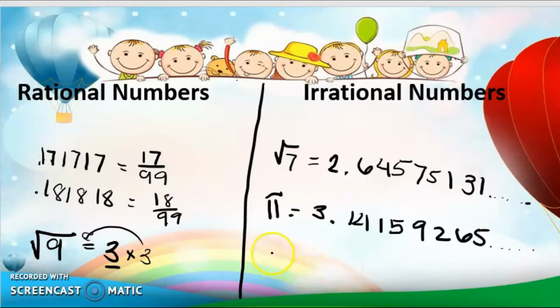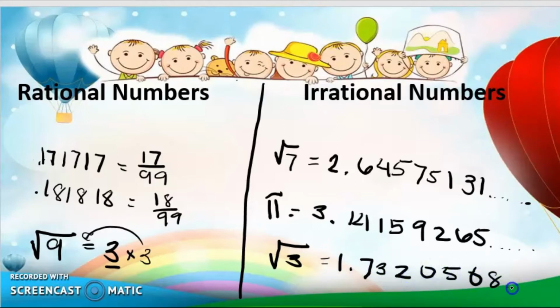So, another example is, say, square root of 3. When you think of two numbers, the same number, that when you multiply them the answer is 3, there is none. So, the square root of 3 is equivalent to 1.7320508, etc. So, this is an irrational number.